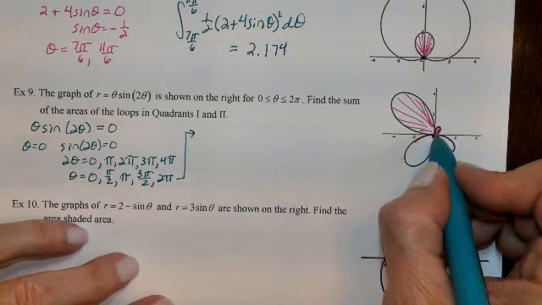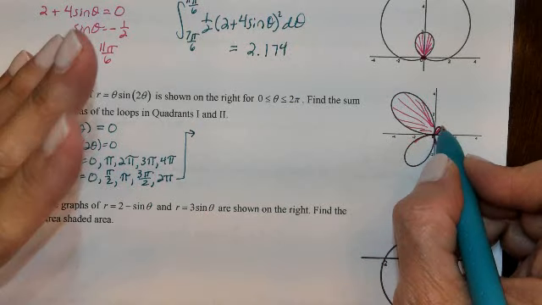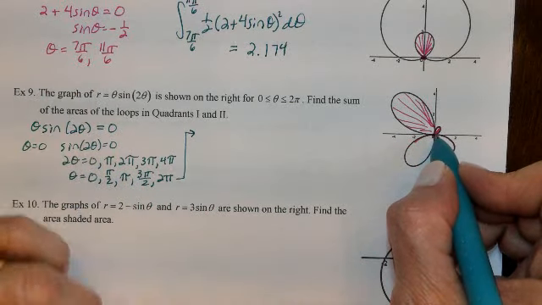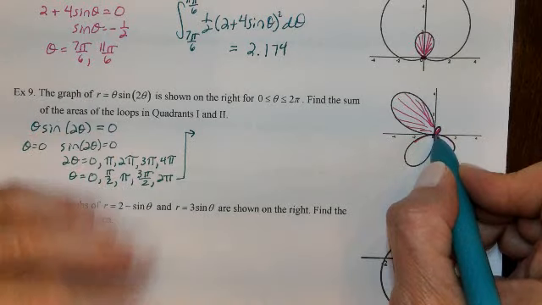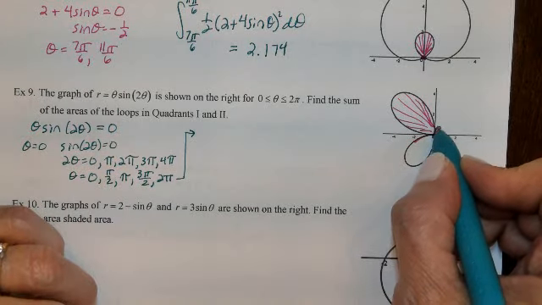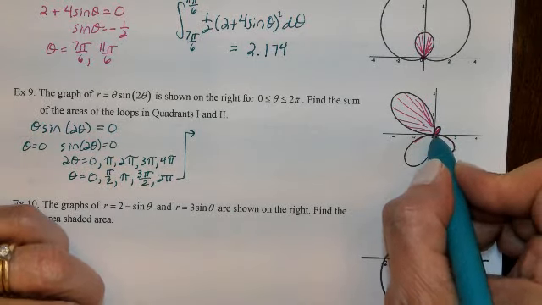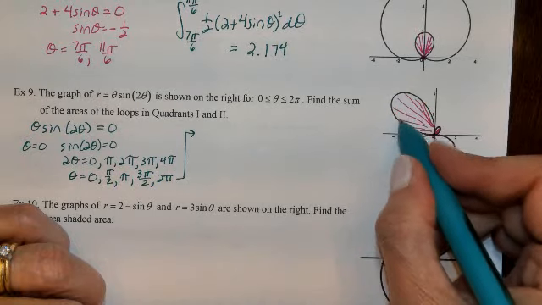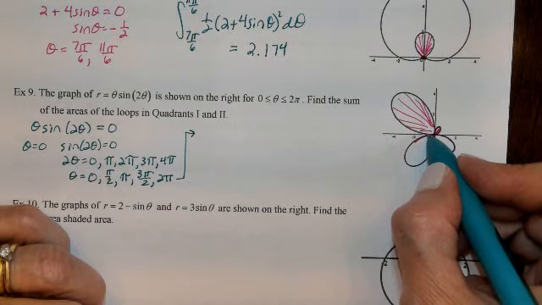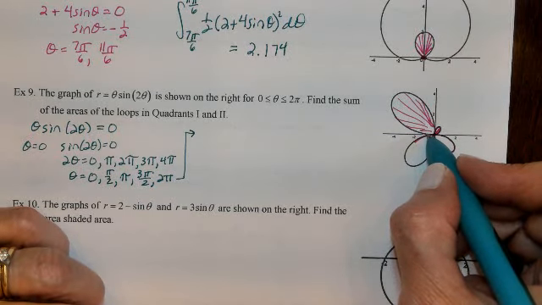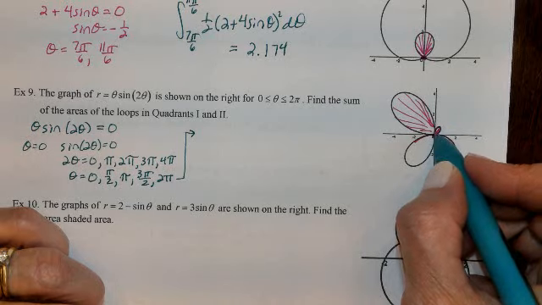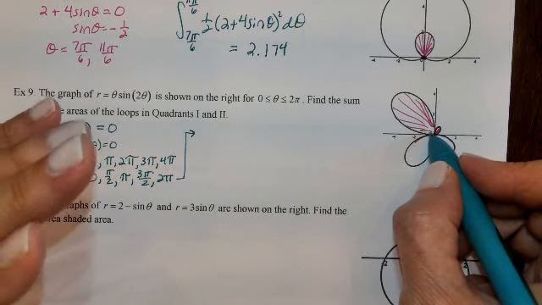I'm pretty sure, just from looking at the way this looks and what I just talked about with no bouncies, it's not going to go from 0 to pi over 2 and then bounce and then go directly into this quadrant. I know it's not. That would make no sense because these curves never bounce. They don't.